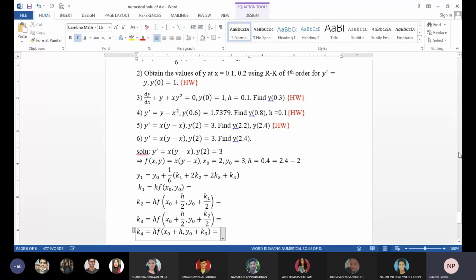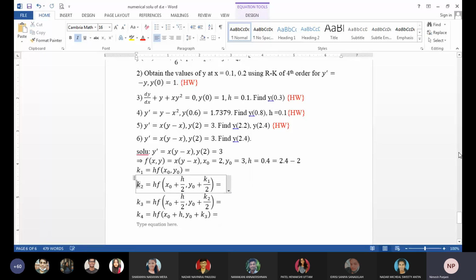Okay, these are the formulas. Calculate k1, k2, k3, k4, and then your y1. Tell me the values of all your ki's as well as your y1. After this sum, we can take a break for 5 minutes, and then we will continue with the numerical integration part, because that is also remaining, no? Problems related to numerical integration.